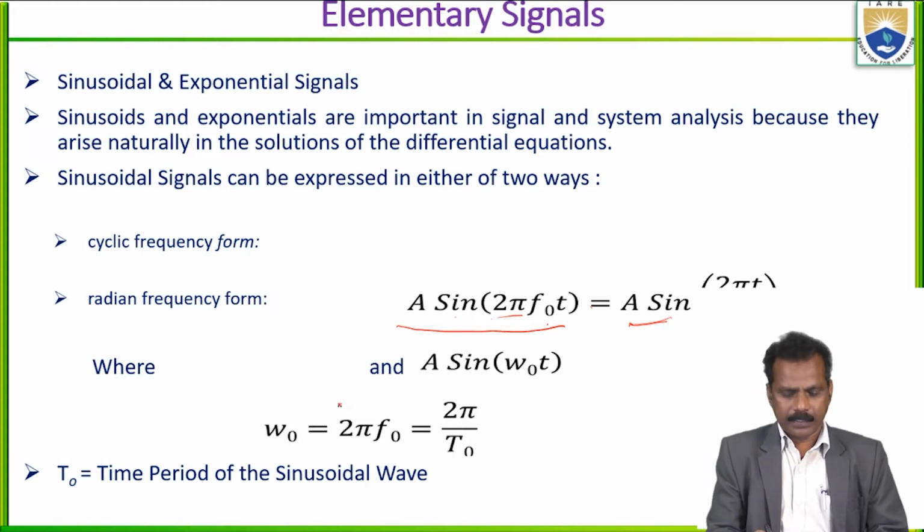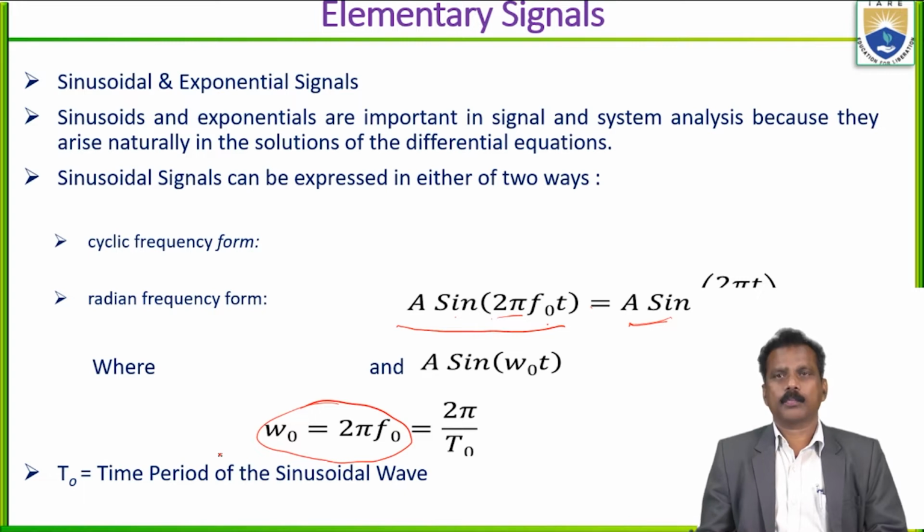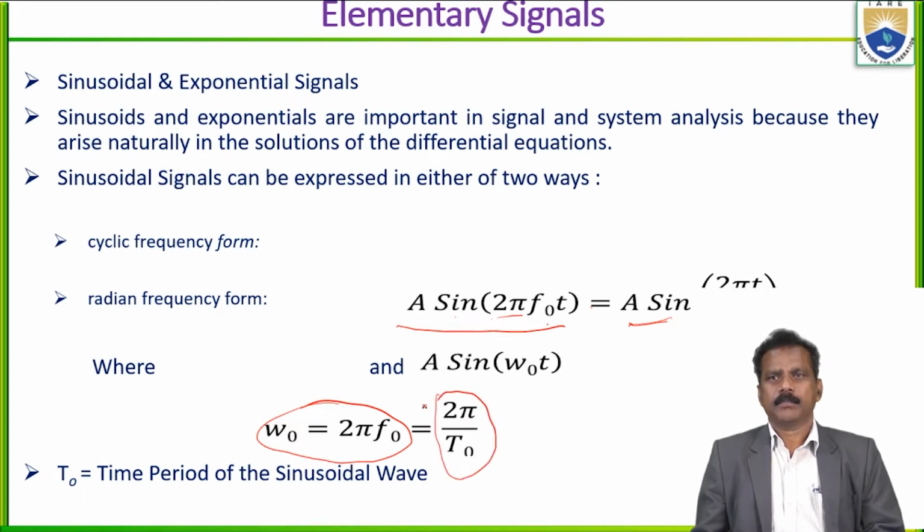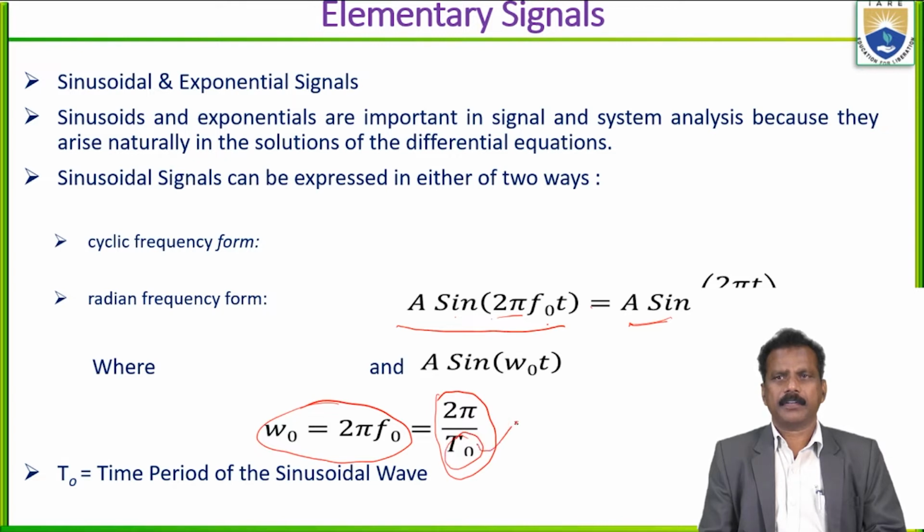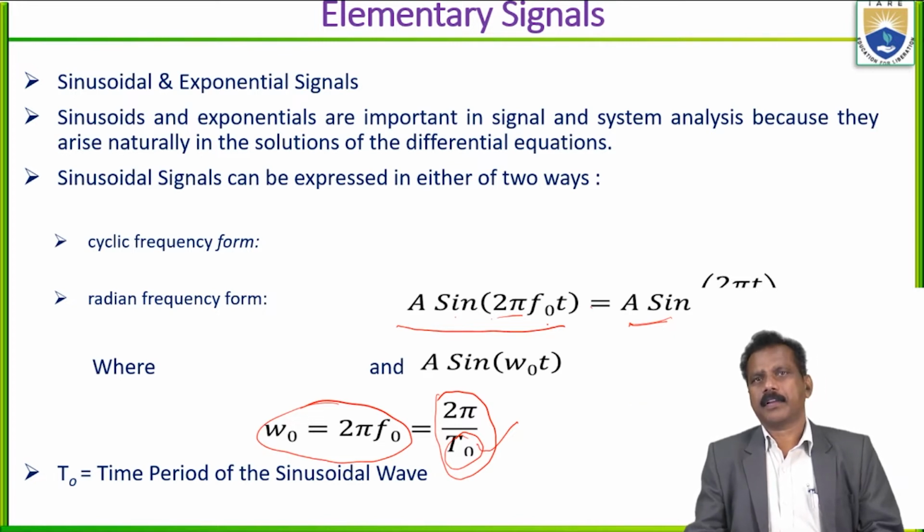We know that omega naught equals 2 pi f naught, which is also equal to 2 pi by T naught, where T naught is the time period of the sinusoidal wave, the time period of the sine wave.